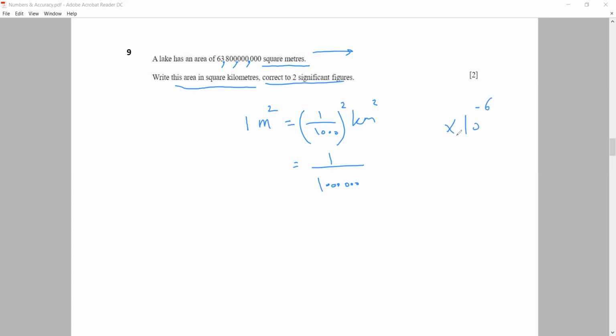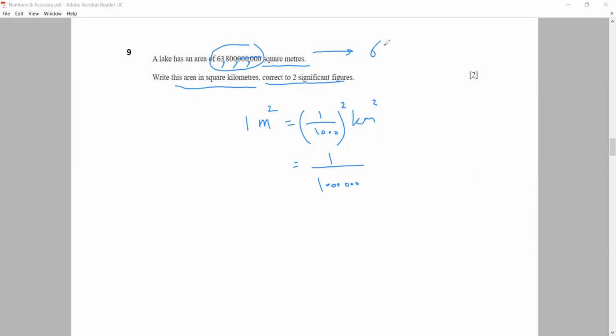For those students who are familiar with this format, go ahead, suit yourself. However, since I haven't reached that chapter yet, I'm just using the very fundamental approaches. So you just divide by 1 million, and the answer is automatically in square kilometers. And dividing by 1 million means erase 6 zeros, right?